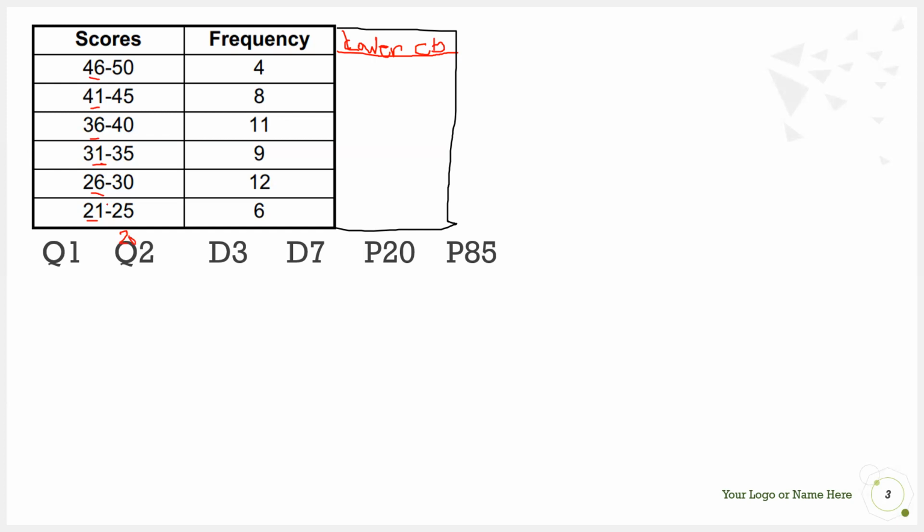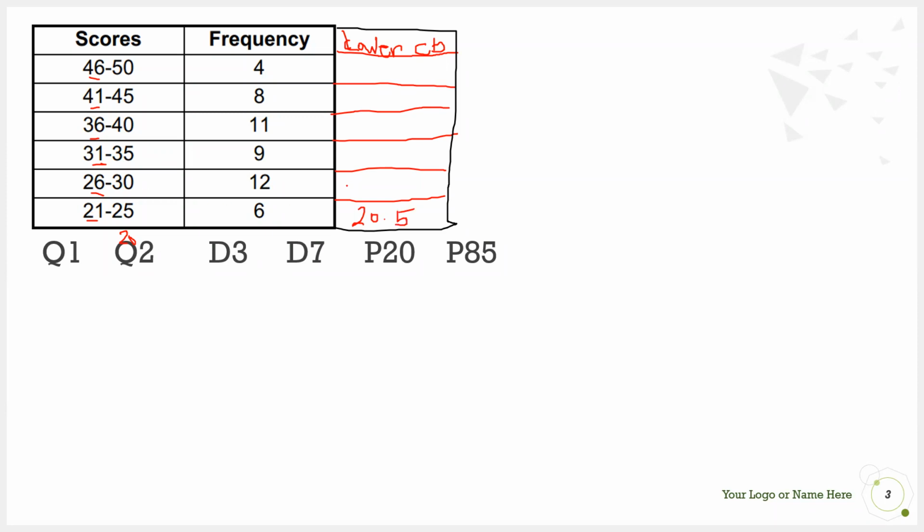So ano ang pagitan ng 21 at 20? So ang pagitan ng 21 at 20 ay 20.5. Okay, so as simple as ang gagawin na lang natin ay bawasan na lang natin ng 0.5. Ayan. Pag whole number naman, technically, minusan nyo na lang ng 0.5. So, ang 21 minus 0.5 is 20.5.